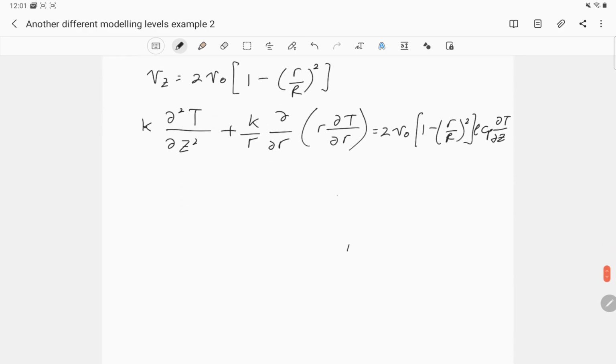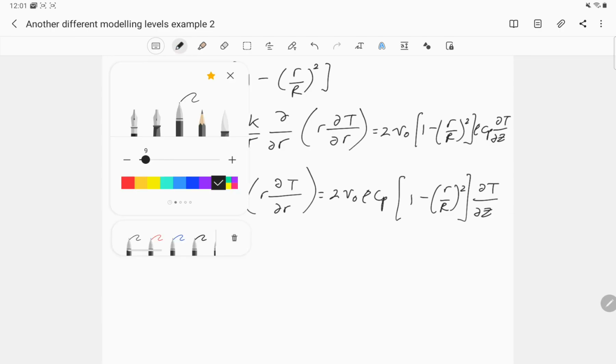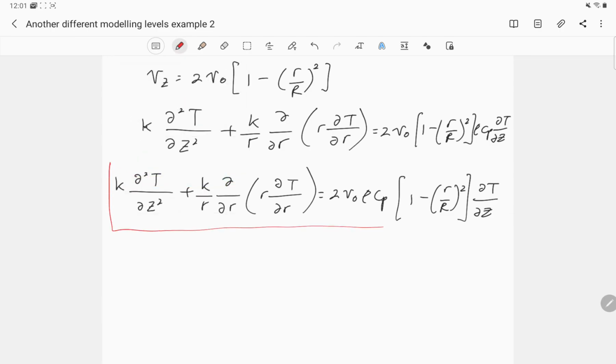Then our final solution will have a form of something like this. So I can put in a red boundary in here to show that this is the final equation.